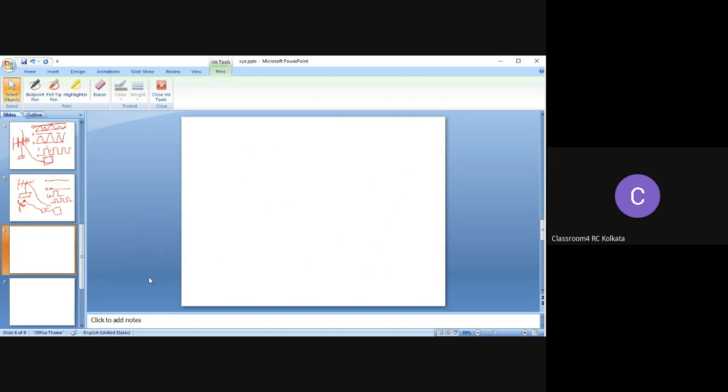Just try to understand. Suppose a river, and only one very thin bridge.